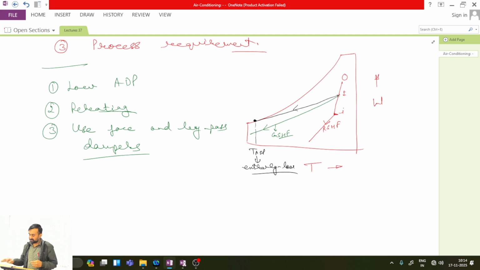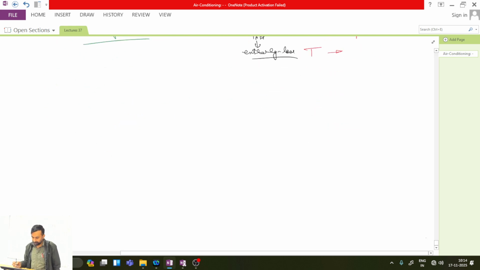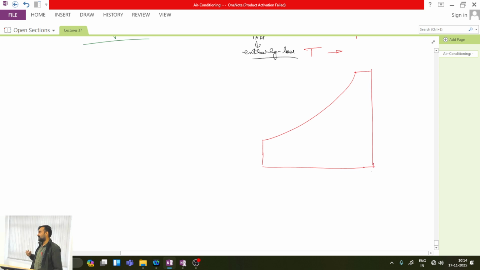Typically, what is done in case of reheating? Let me first quickly draw the psychrometric diagram, and after this, I will try to explain this in detail with the help of an example problem.